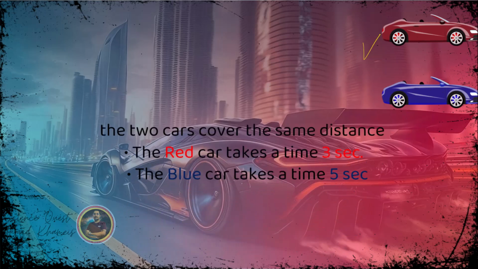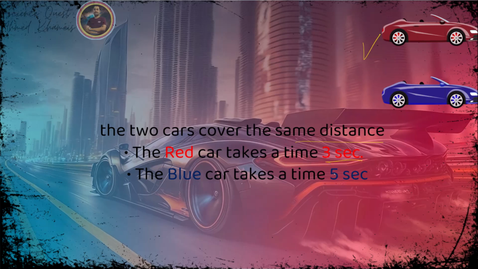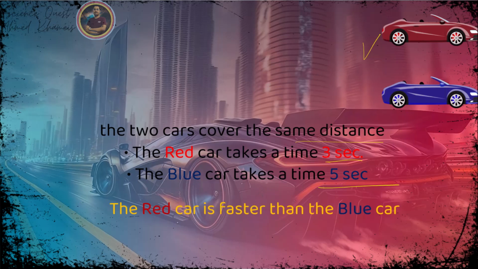The two cars cover the same distance, but the red car takes 3 seconds, the blue car takes 5 seconds. So the red car is faster than the blue car because it takes less time to cover the same distance.